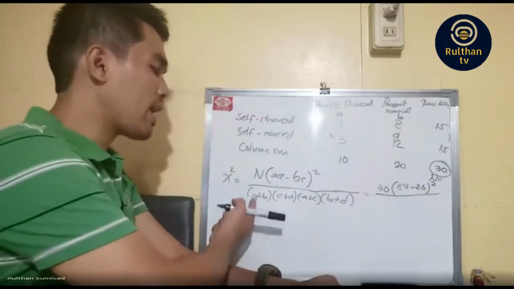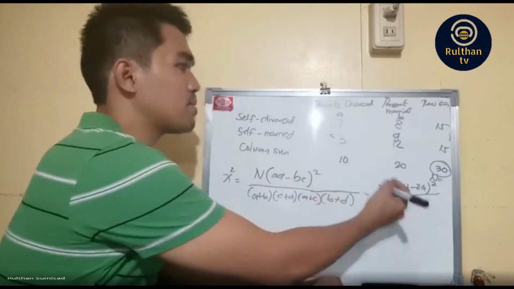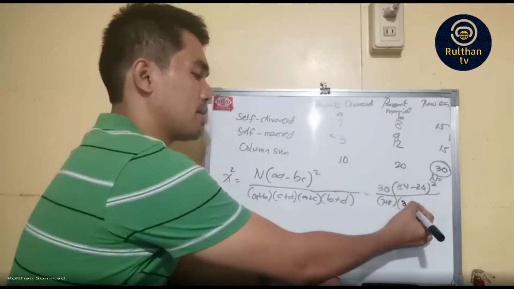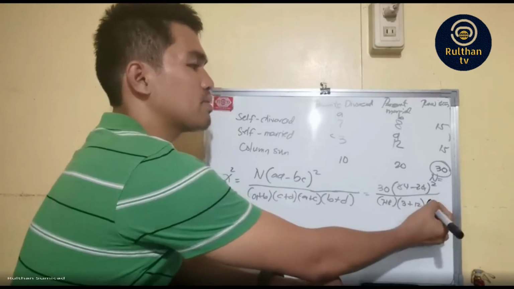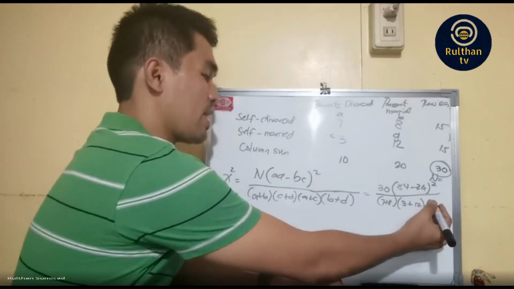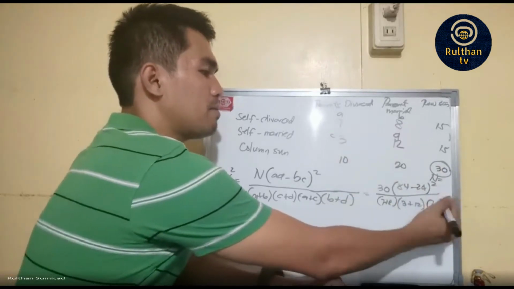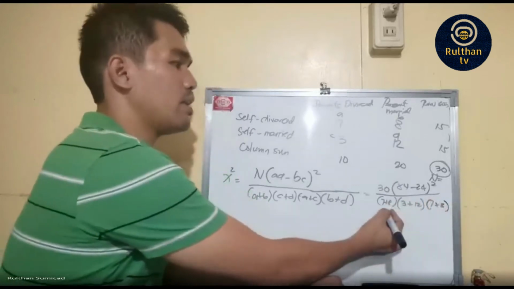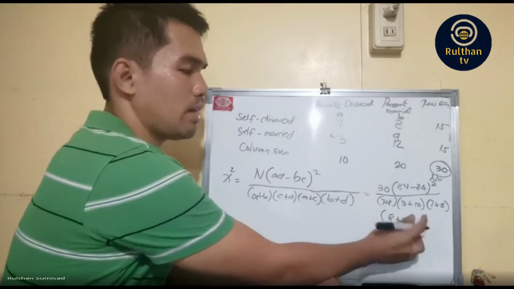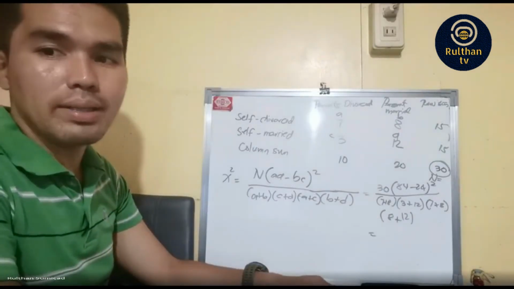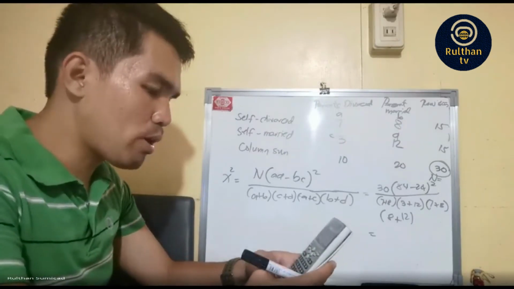Then for the denominator, A plus B, that is 7 plus 8, times C plus D, 3 plus 12, times A plus C, 7 plus 3, times B plus D, 8 plus 12.